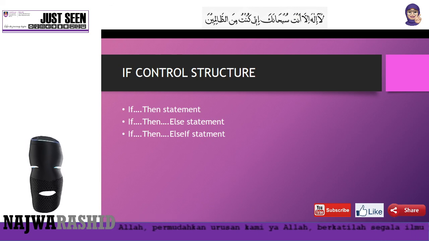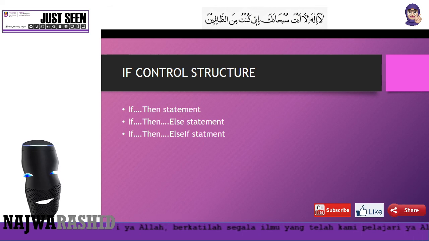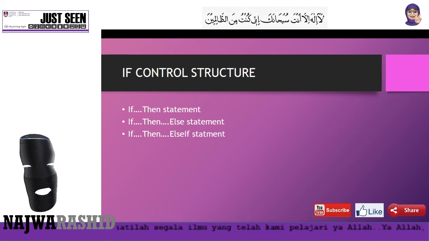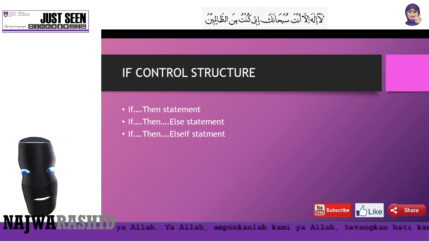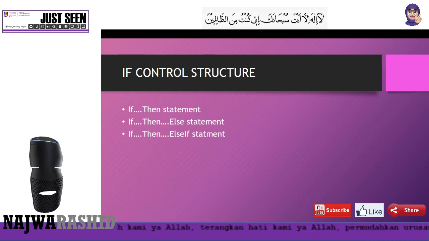In order to create a decision or make a comparison in Visual Basic programming, we have two types of control structure that we can use. First, we have the If Else control structure, and another one is Select Case. Let's look at the If control structure first.